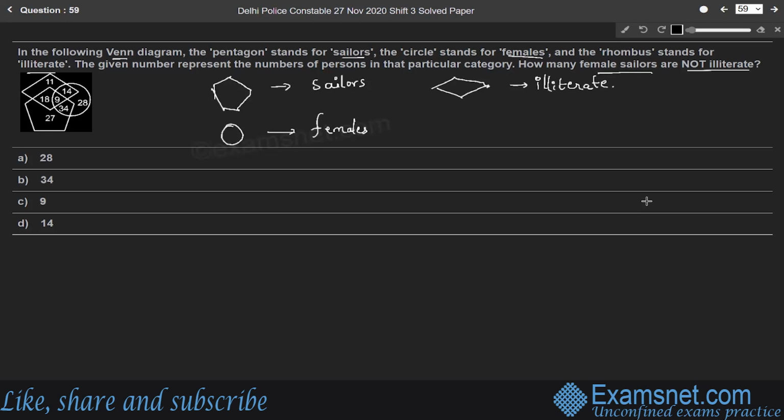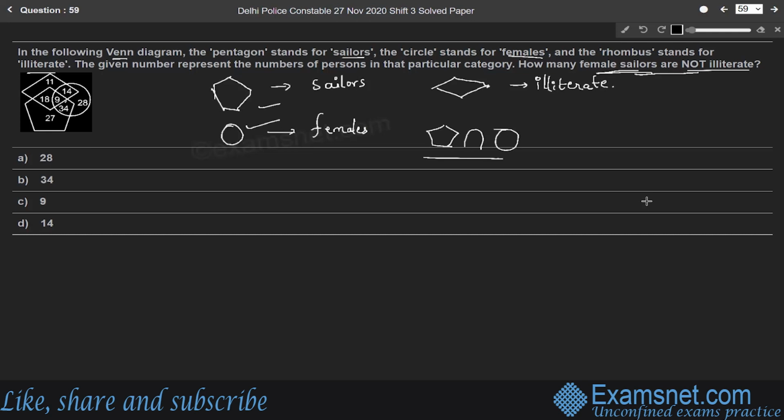Right. So here, how many female sailors are not illiterate? So the number has to be in the pentagon as well as in the circle. Right. So it must be the intersection of pentagon and circle. So what is in the diagram?